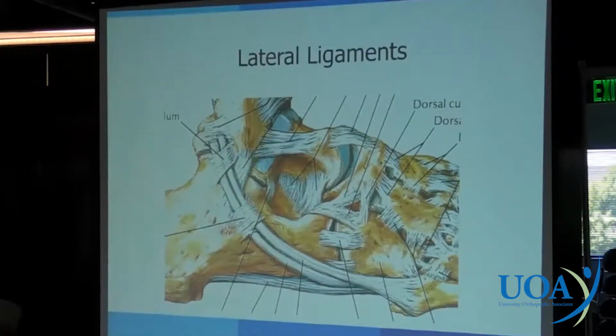On the lateral side, we can also see lateral ligaments at the cuboid bone, between the cuboid and lateral cuneiform, as well as the mid-tarsal ligaments between the mid-tarsal bones and the base of the metatarsals. We can also see the peroneal brevis and longus tendons transitioning along there, which we'll talk about briefly.